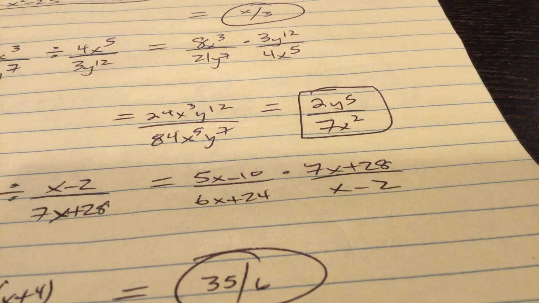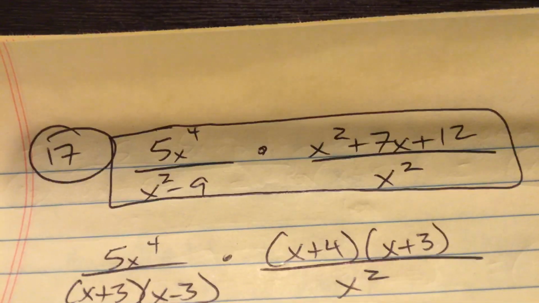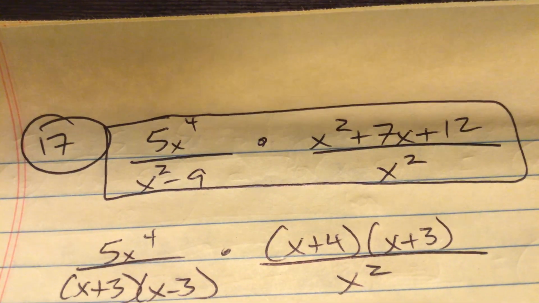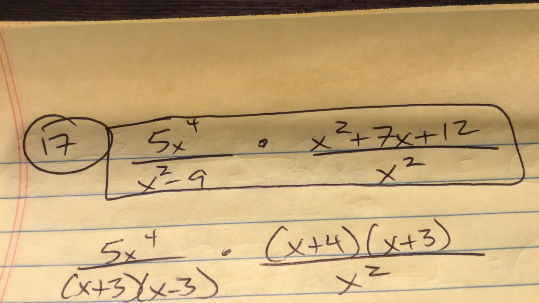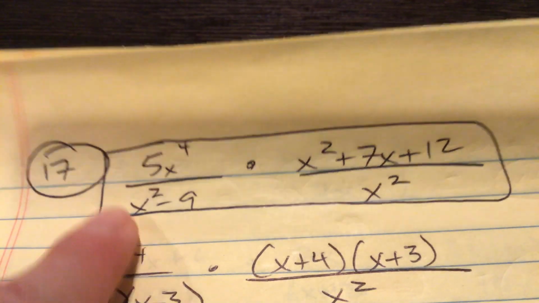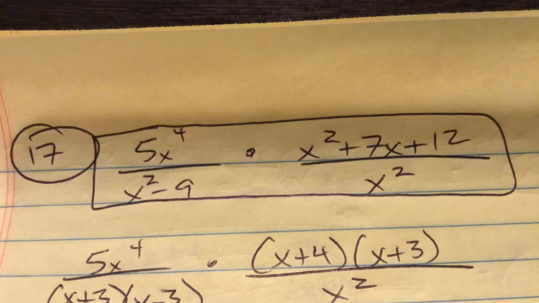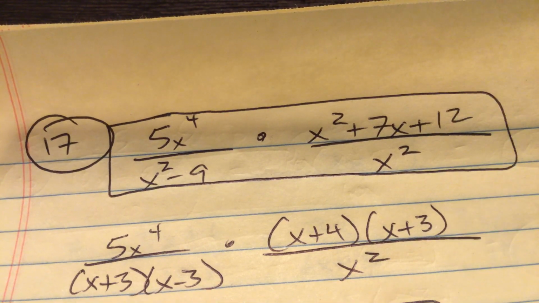All right, number 17. You have 5x to the 4th divided by x squared minus 9, that you need to factor, times x squared plus 7x plus 12, you need to factor that, over x squared. Factor this to be x plus 3, x minus 3. Factor this to be x plus 4, x plus 3.